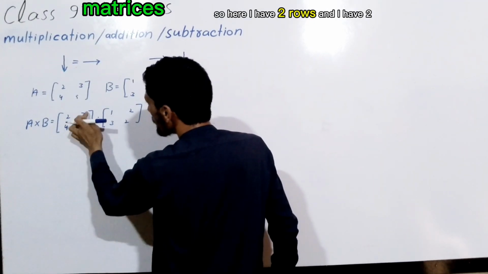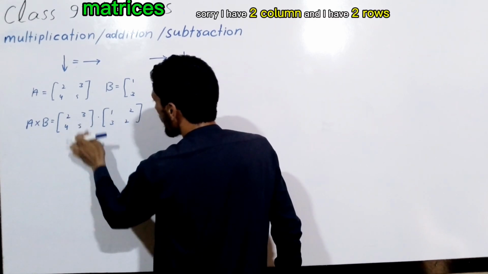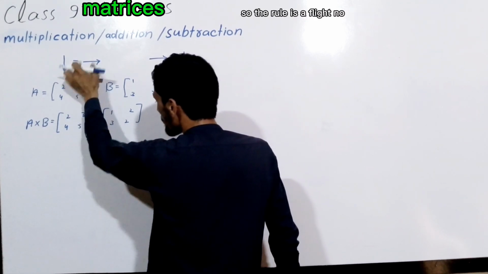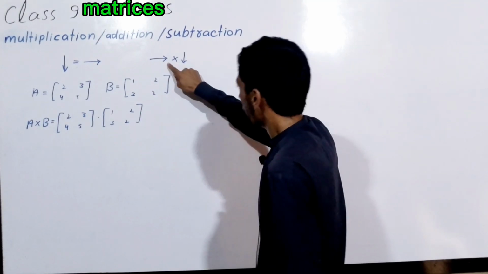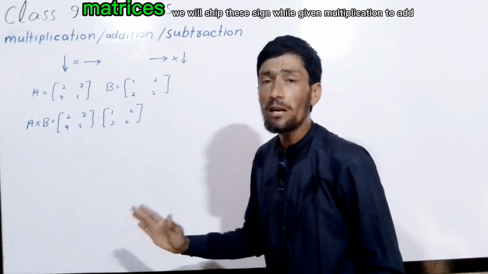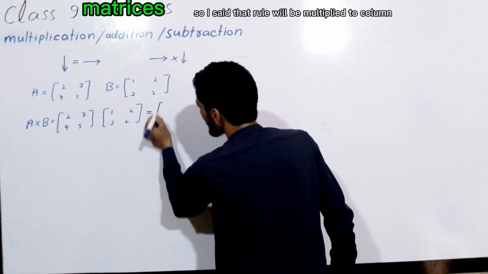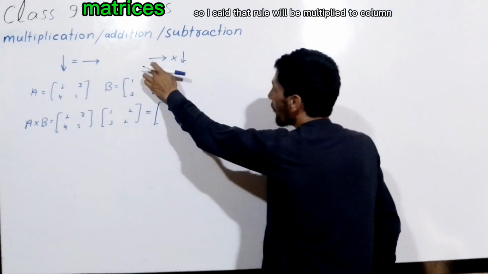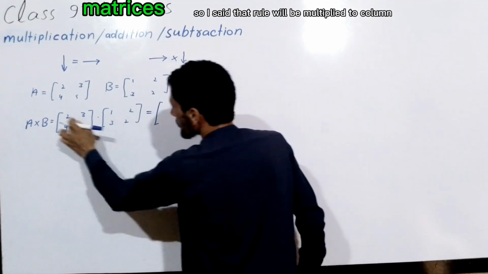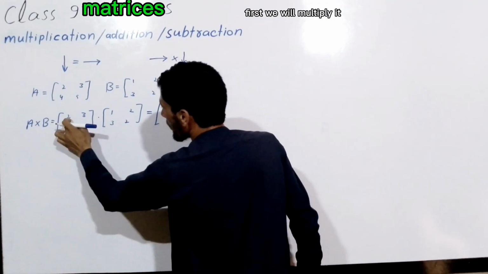So here I have two rows and two columns, so the rule is applied. Now we will multiply: this is the first row, this is the first column. First we will multiply it.